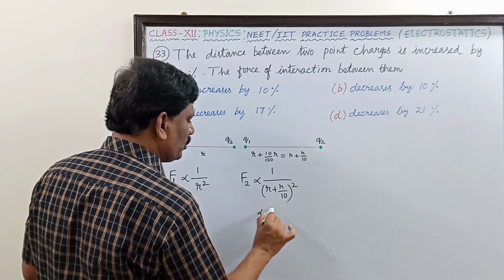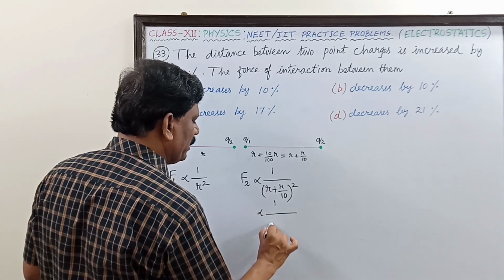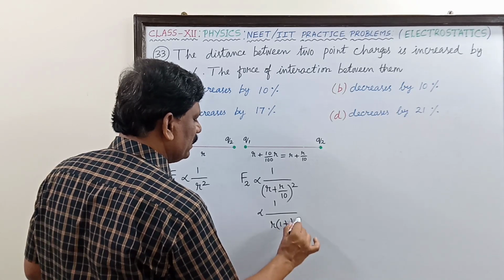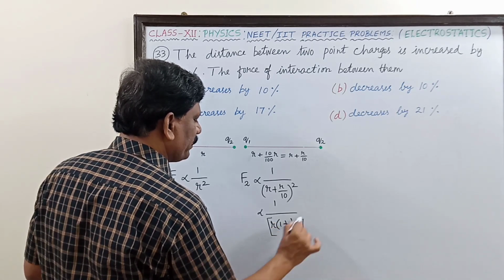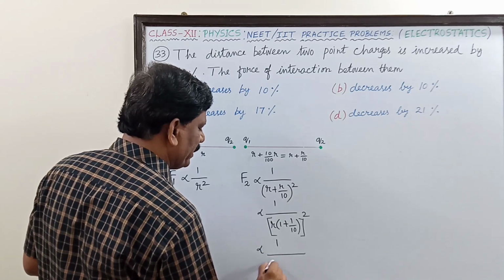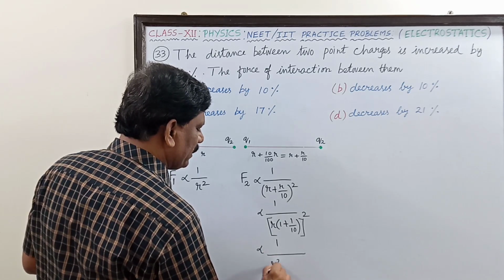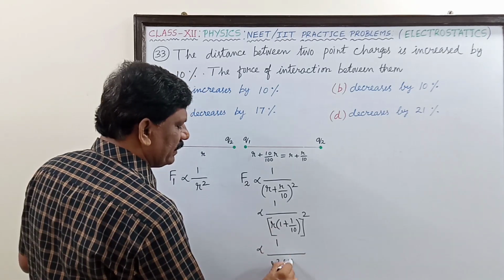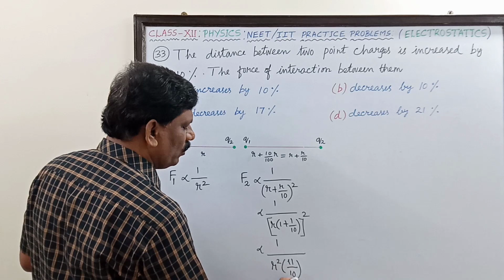So this is proportional to 1 divided by R into 1 plus 1 by 10 the whole square. So this is proportional to 1 divided by R square into 10 plus 1 is 11. So this is 11 by 10 the whole square.